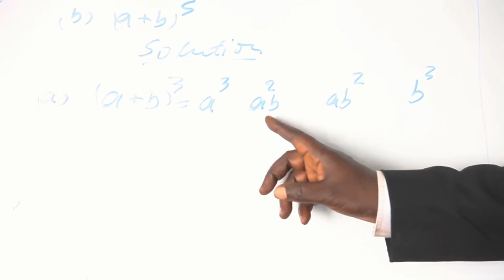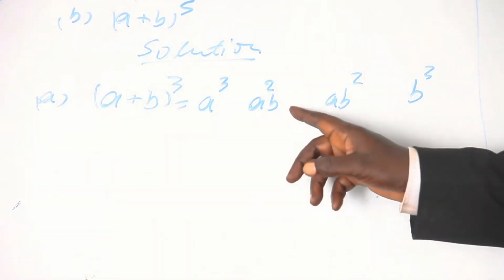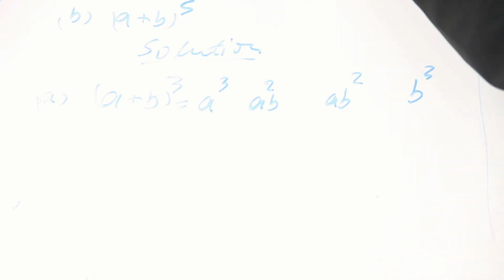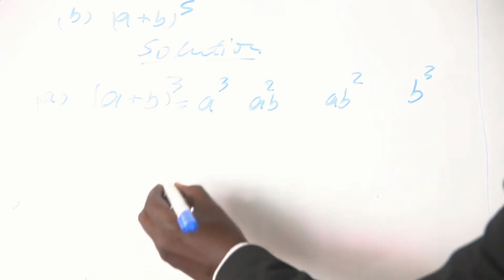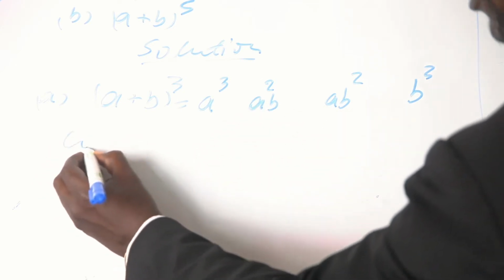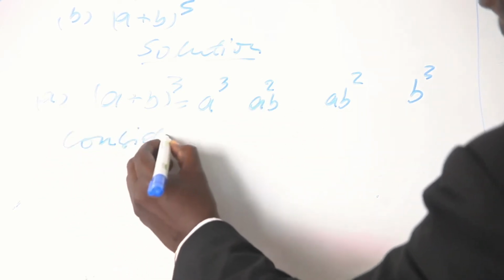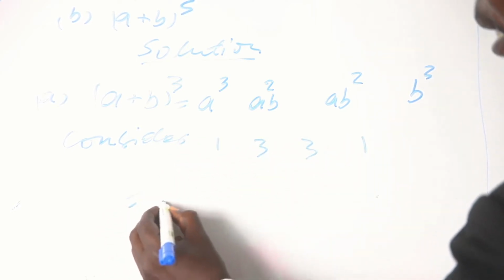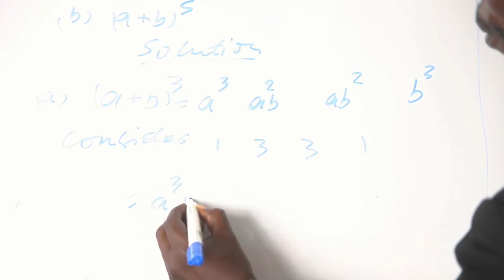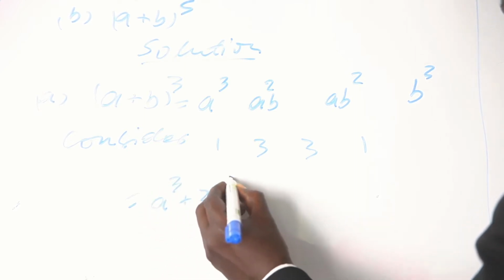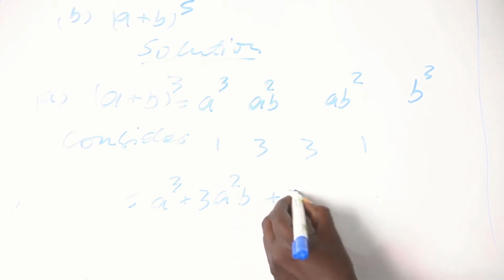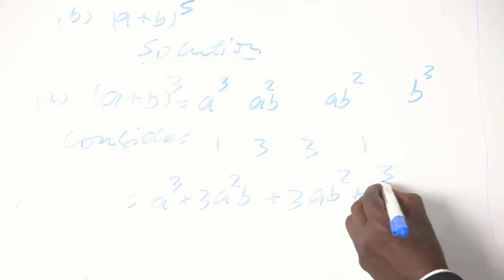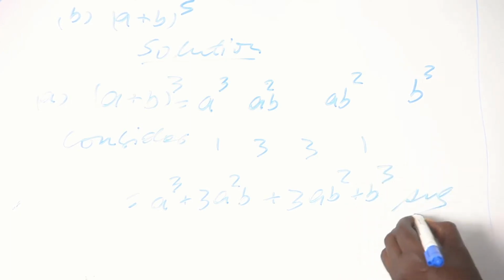Now, consider the coefficients 1, 3, 3, 1. So we shall be having A cubed plus 3 A squared B plus 3 A B squared plus B cubed. And that should be the answer.